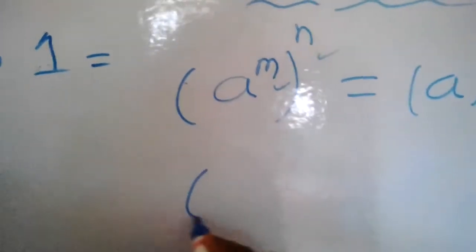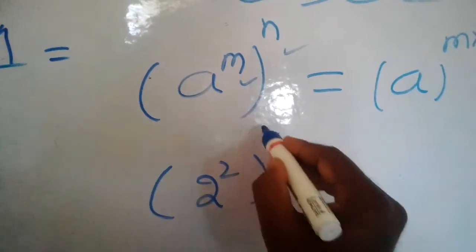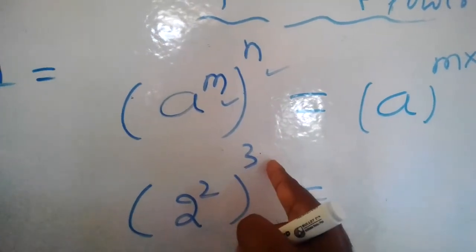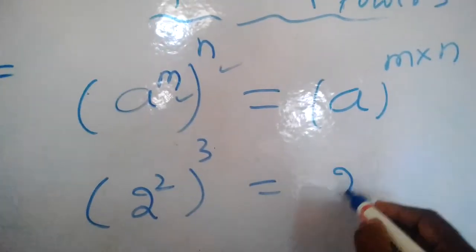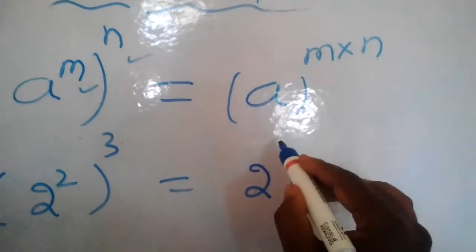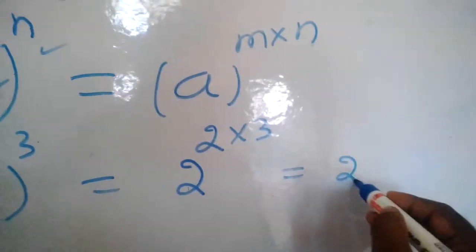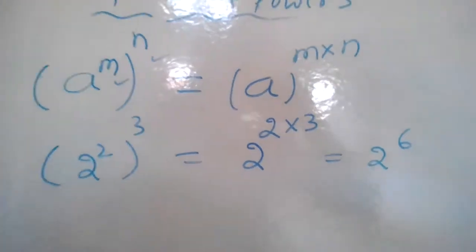Okay, for example, 2 square with another power 3. This 2 square is again raised with another power 3, then keep 2 as it is and multiply their powers. 2 raised to 6. Clear?